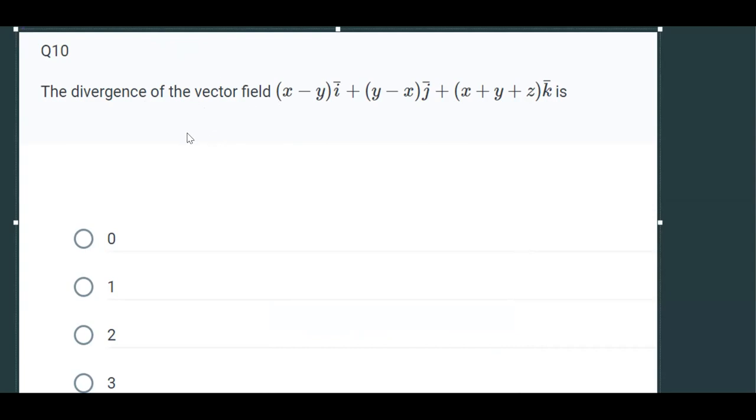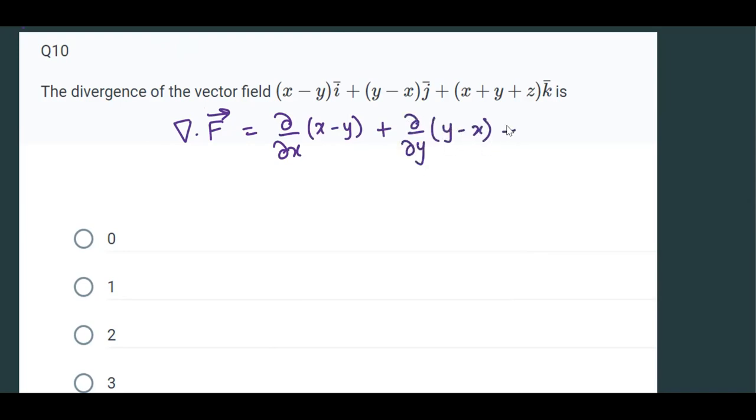So this is the vector f bar, let's say. So you get dou by dou x of x minus y plus dou by dou y of y minus x plus dou by dou z of x plus y plus z. So divergence is a scalar value actually. So dou by dou x of this x component is 1, i component.